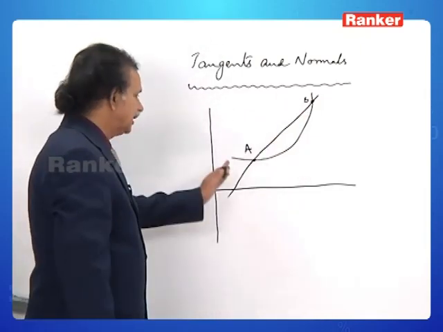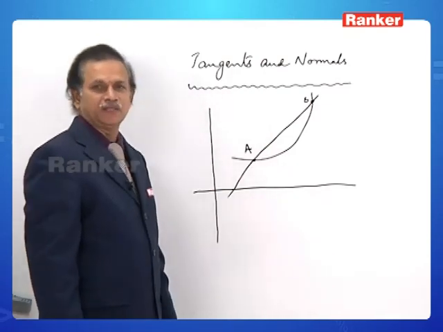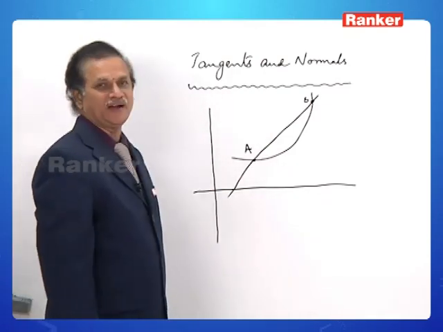Consider the chord AB where A and B are 2 points on the graph.